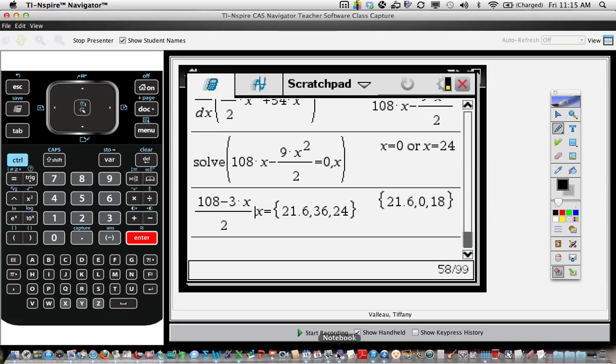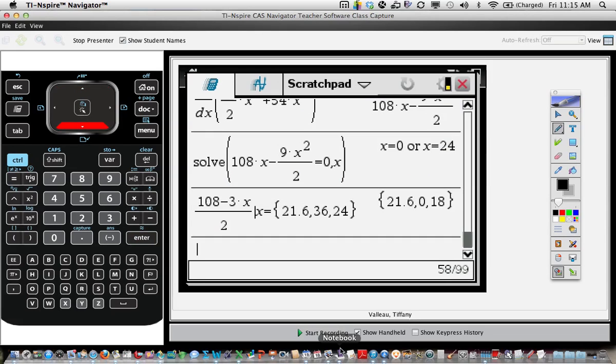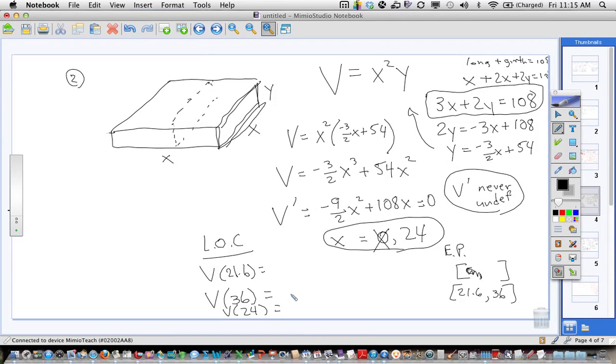Oh, whoops, you put them into the derivative. No, got to go up one more. Maybe you don't have the original. But it actually should be, I think 36 will come out to be 0.